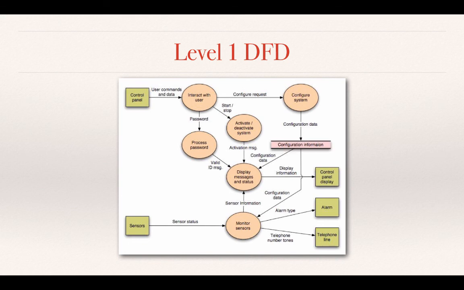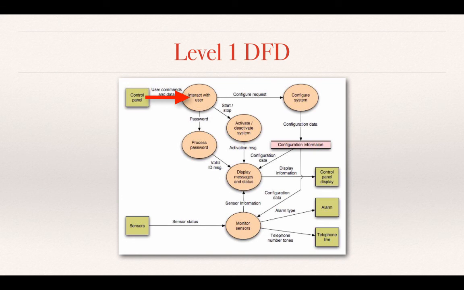To better see what's going on here, let's find a path to trace through the system from input to output. For example, from the control panel, the homeowner inputs their username and password. That information is going to be part of the user commands and data arrow in this diagram.